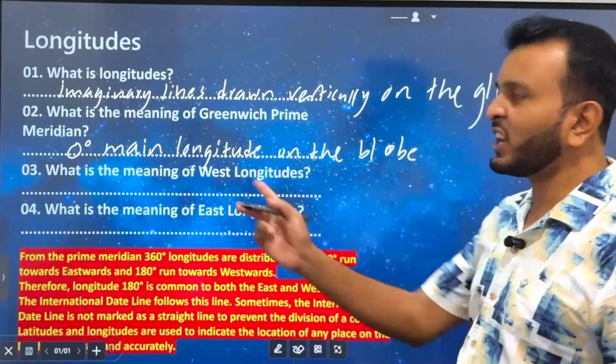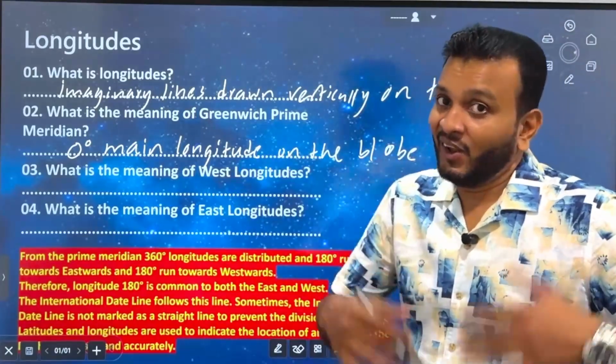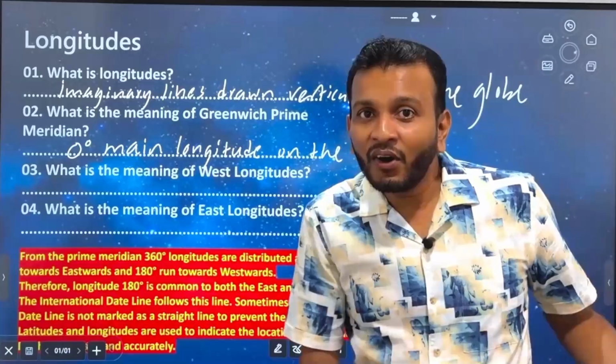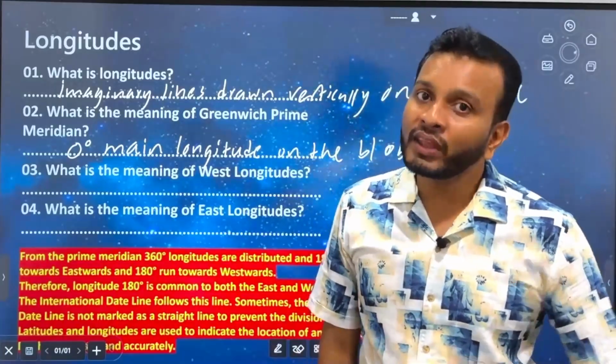What is the meaning of west longitudes? The longitudes that are drawn on the west side of the globe.